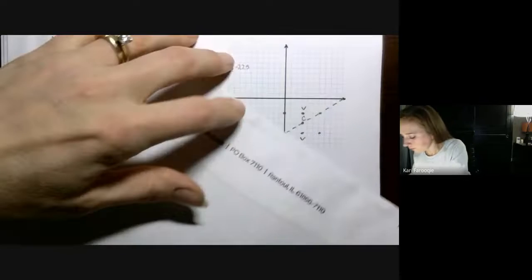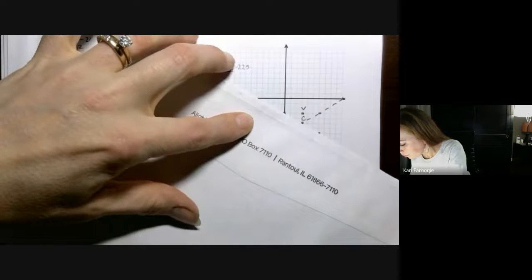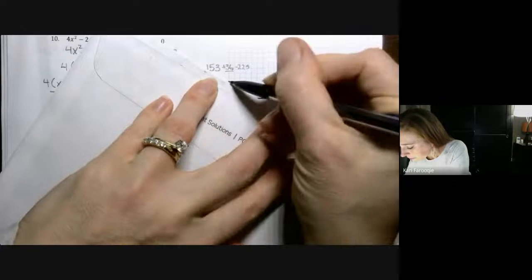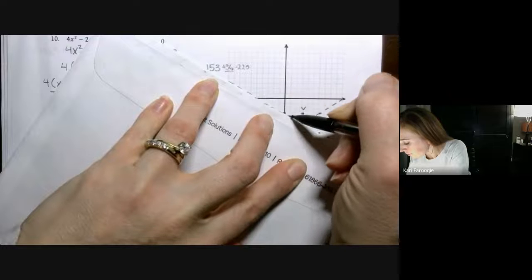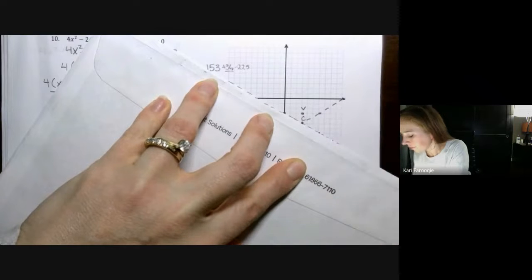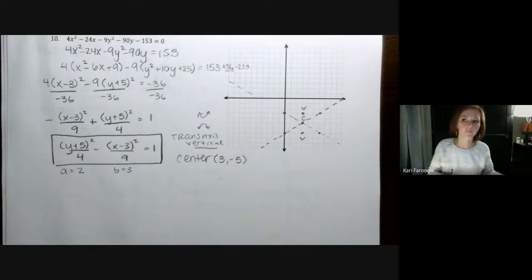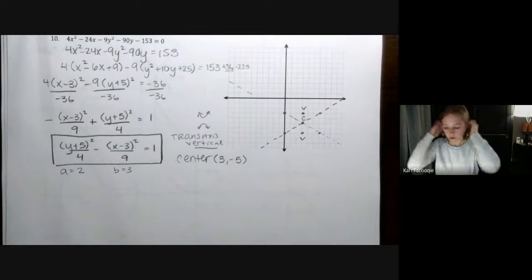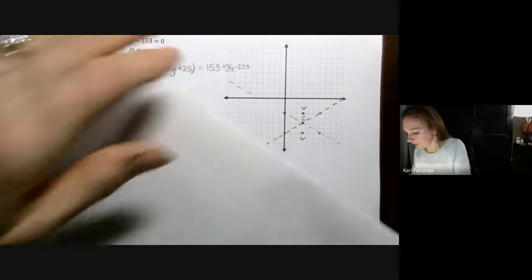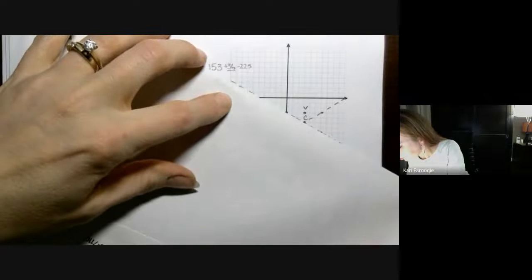Here's one. And there's the other one. Lost a part of my asymptote there.